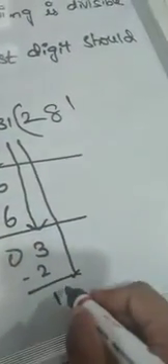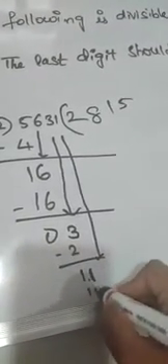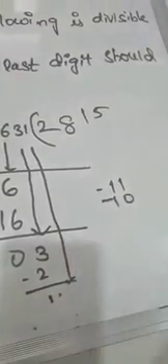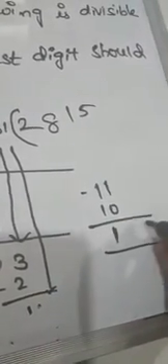Next number is 1, so 11. 2 fives are 10. 11 minus 10 is 1.